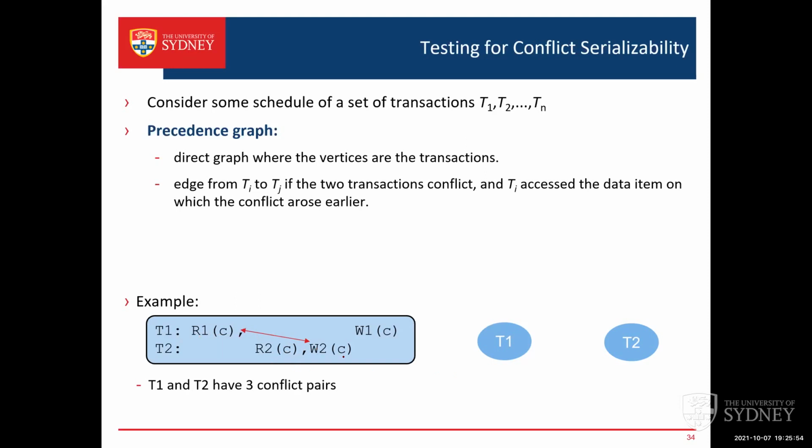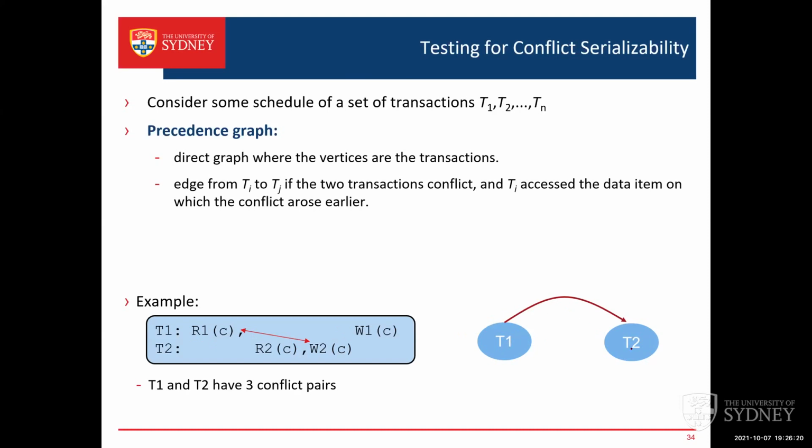Think about this one first. R1C and W2C. That simply means there is a connection between T1 and T2. There is a conflicting pair between T1 and T2. And which one are we performing first in this schedule? We are performing R1 first and then W2, right? According to this schedule. So that's why we'll draw an edge here, but the arrow will be from T1 to T2.